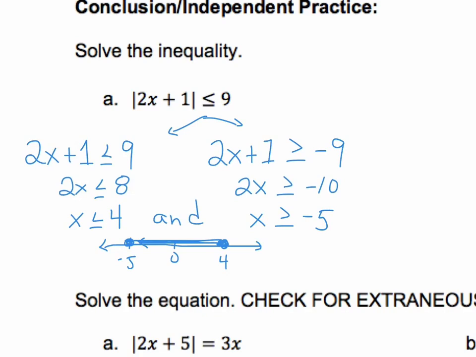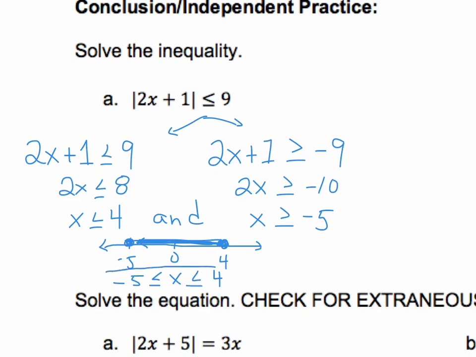But I need to be honest with you. In math, we don't really ever write solutions this way. Did you notice I shaded in between negative 5 and 4 for my solution set? I didn't check it yet. I still have to do that. But I'm just showing you how we're going to write what we think might be our answer. I shaded between negative 5 and 4. So I'm going to go ahead and plot my x between negative 5 and 4, and then include less than or equal to signs.